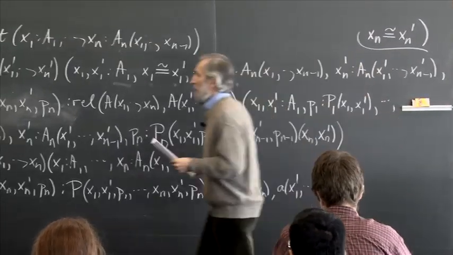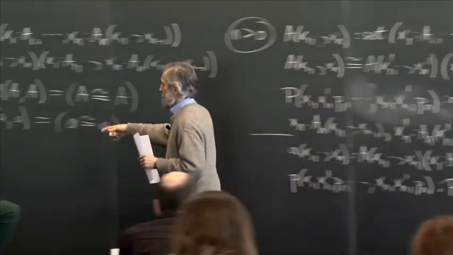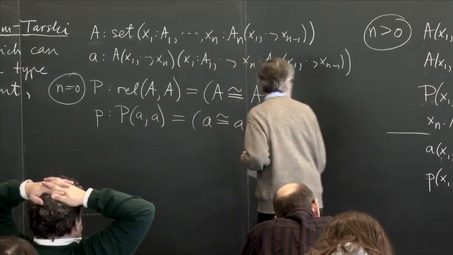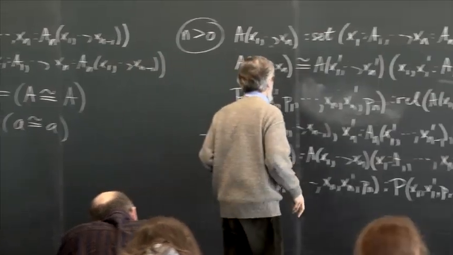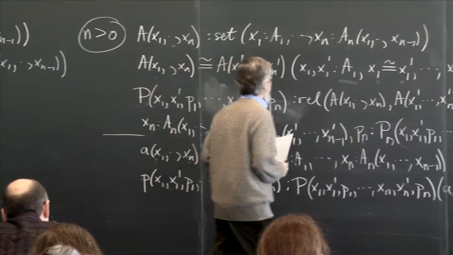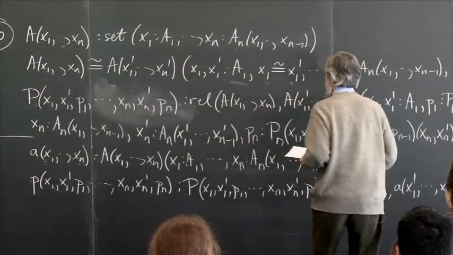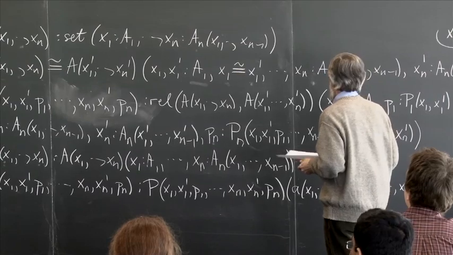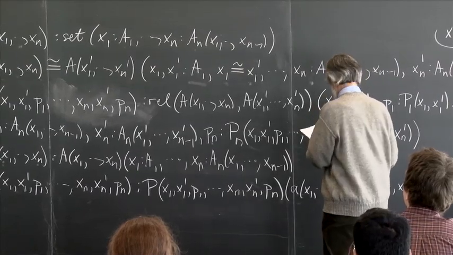So that's the generalization of this to the case when n is greater than 0. And the context here is, of course, the same context as we have up here.